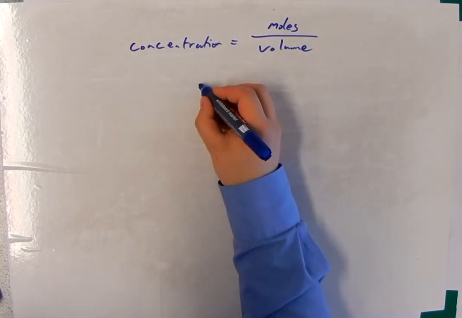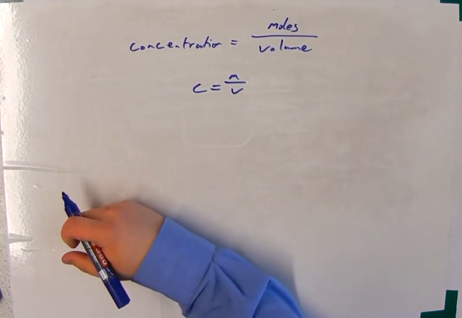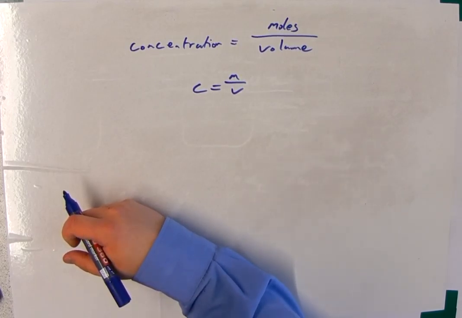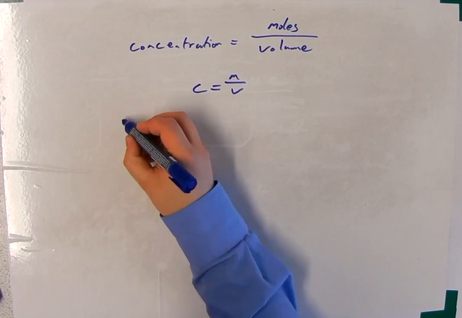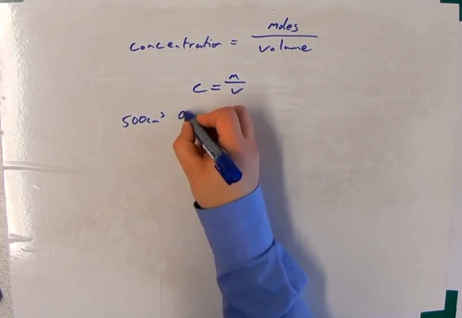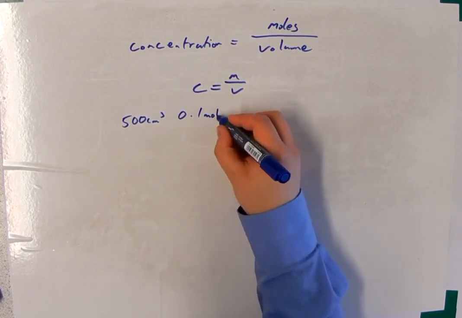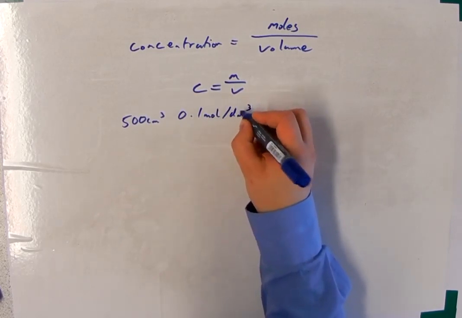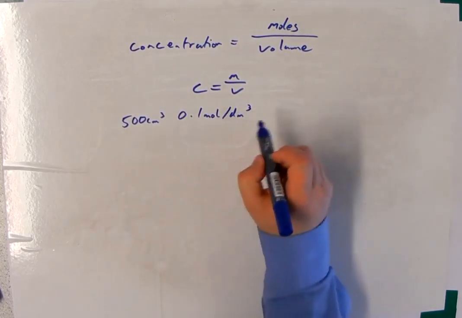I quite often abbreviate this as concentration is M over V. Concentration is moles over volume. So imagine we've got 500 centimetres cubed of a 0.1 molar, which is moles per decimetre cubed. Notice I've dropped the ES. It's perfectly acceptable. Chemists are lazy.